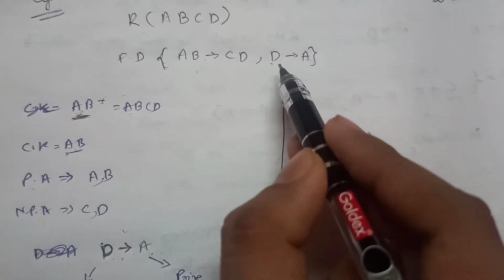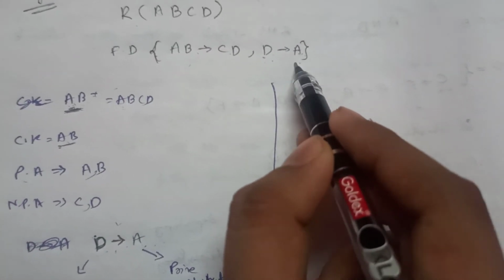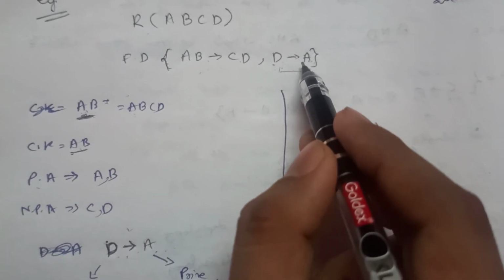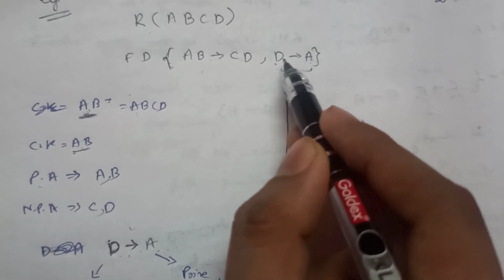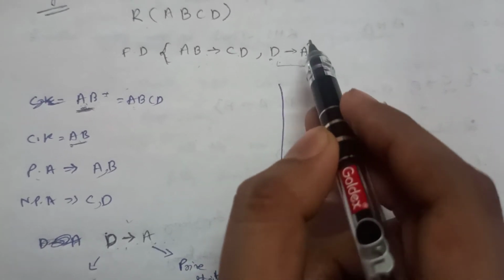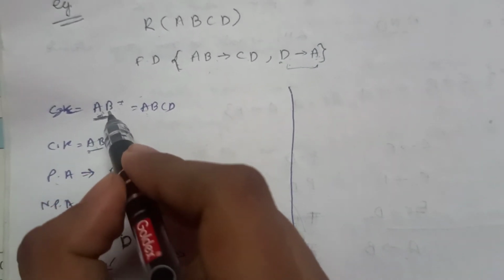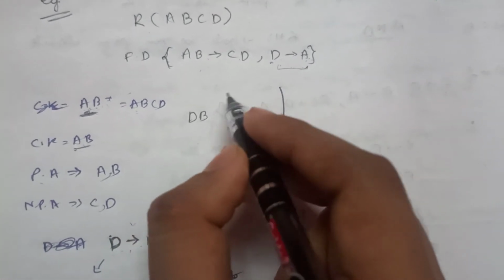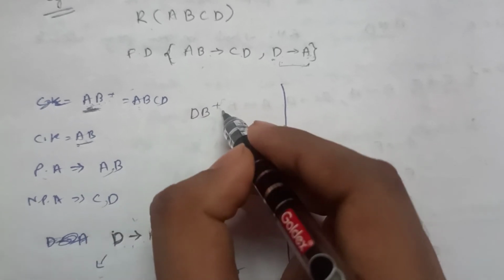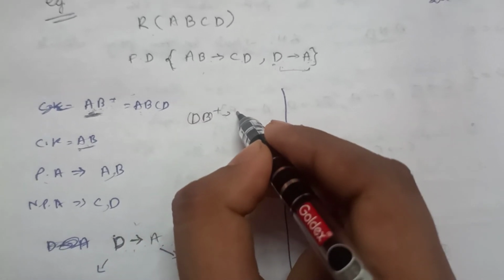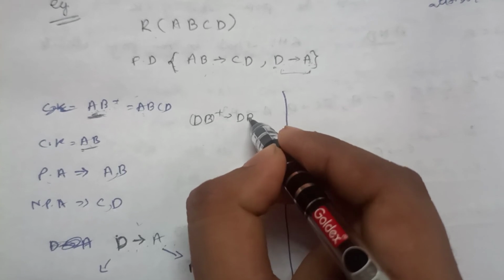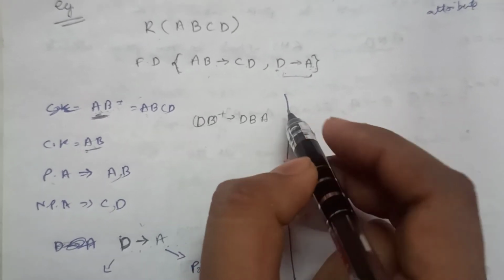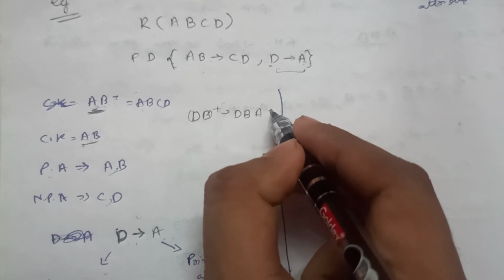We have D defining A, so A is on the right hand side of this functional dependency. Then I can substitute A with D, because D can define A, so DB can also define AB, so DB will also be our candidate key. Let's check it. DB's closure: DB can determine DB itself, D can determine A, and AB together can determine CD, so C is also defined.